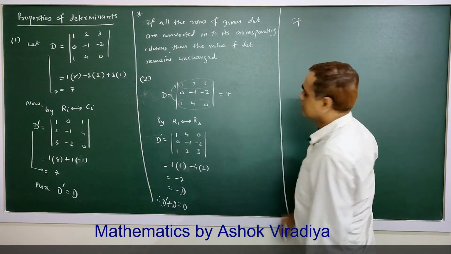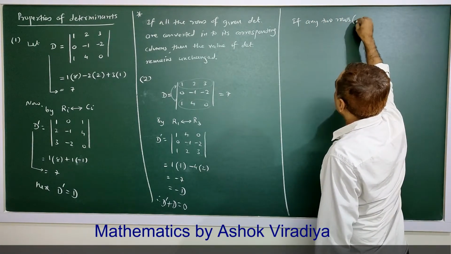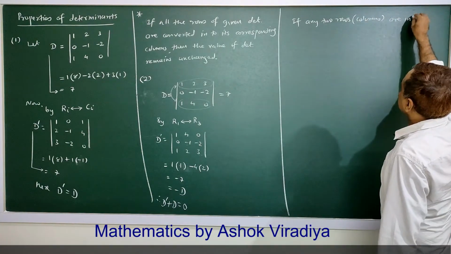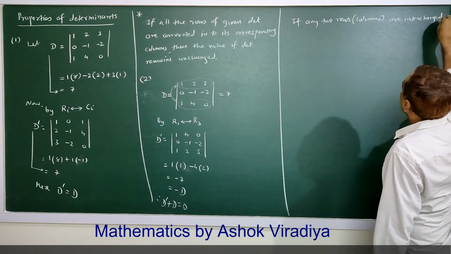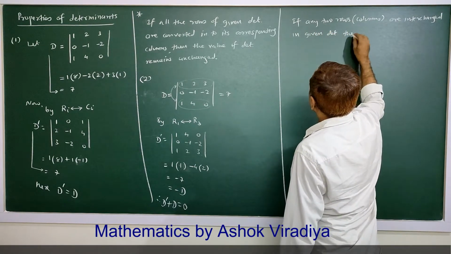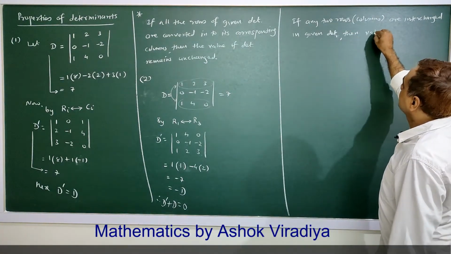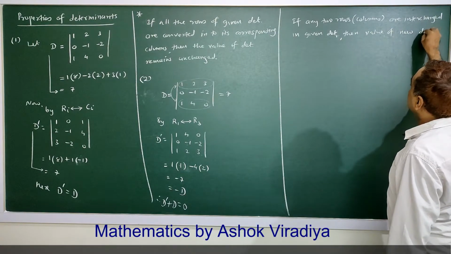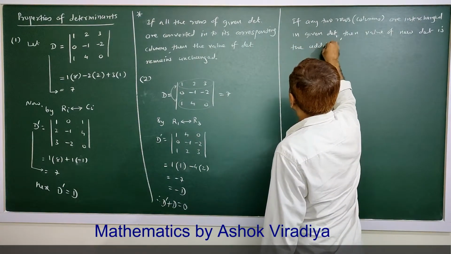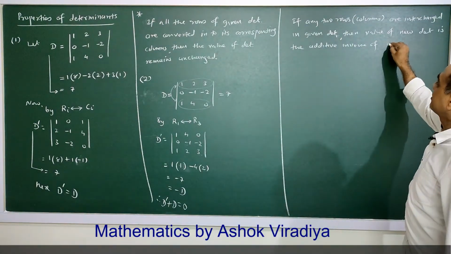If any two rows or columns are interchanged in given determinant, then value of new determinant is the additive inverse of given determinant.